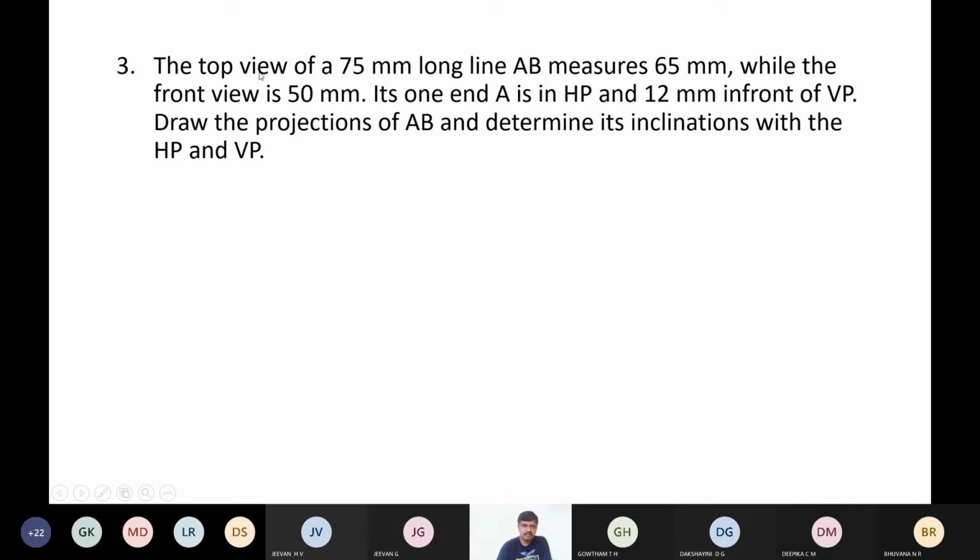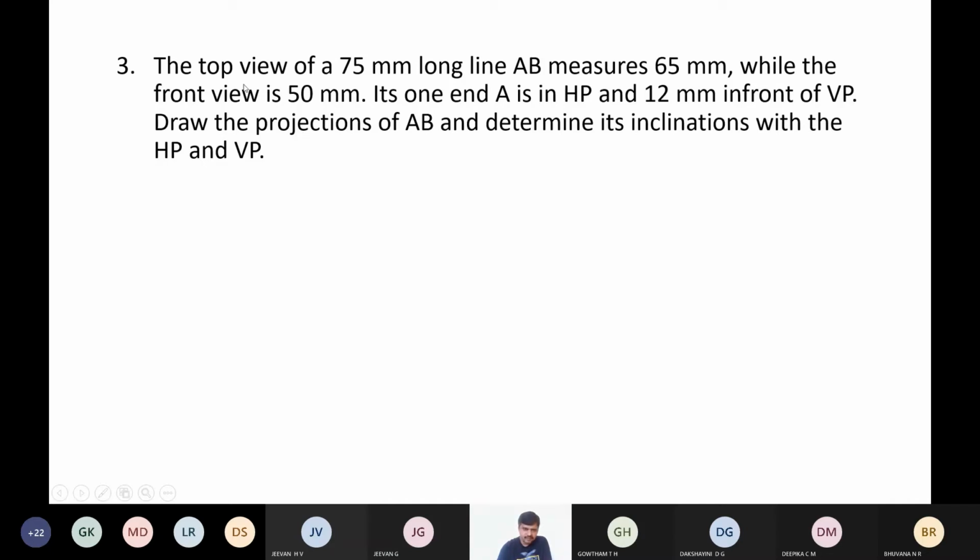Now you can see you have three values: 75 mm, 65 mm, 50 mm. You must be able to identify what is the true length, what is the length in front view, and what is the length in top view.